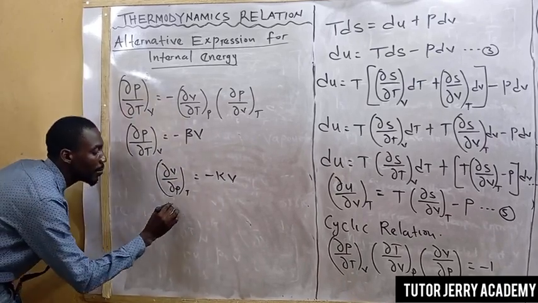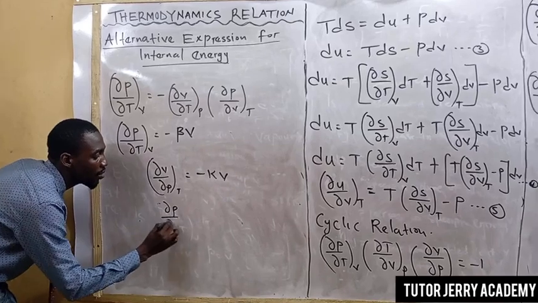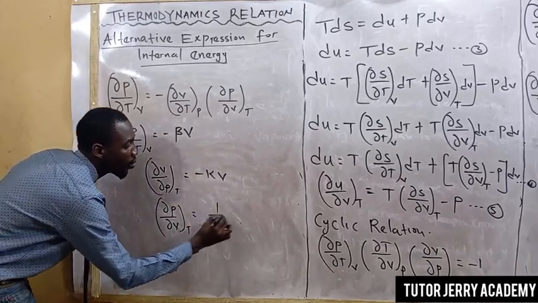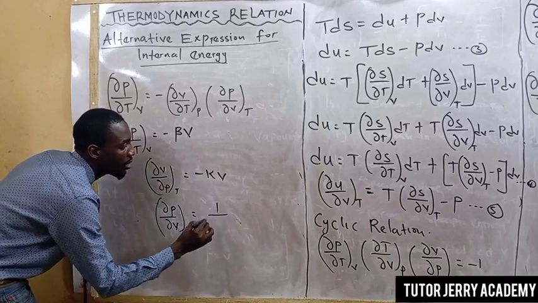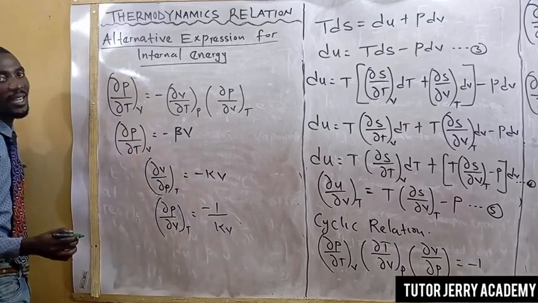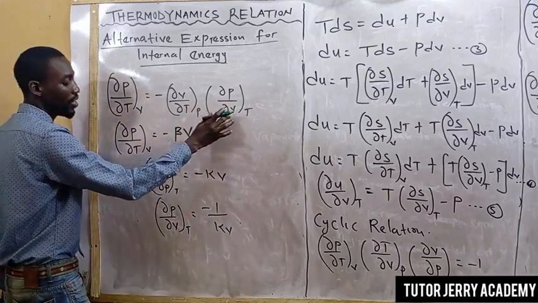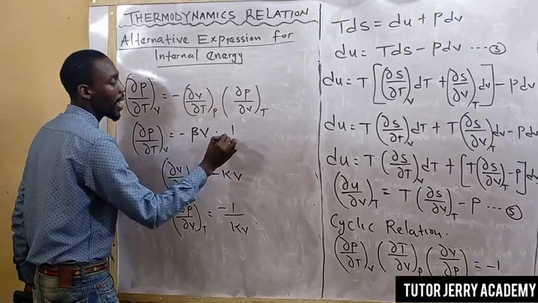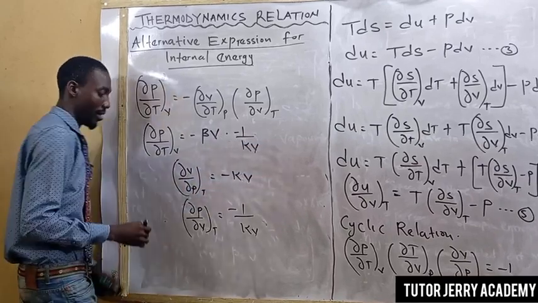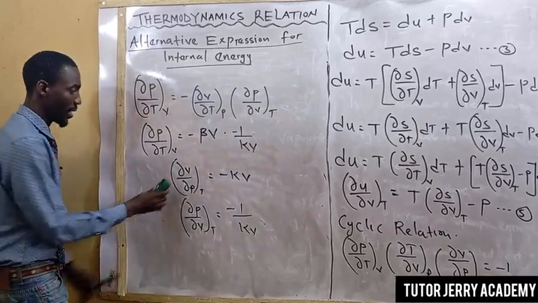So it shows that the partial derivative of p all over the partial derivative of v, keeping t constant, will be equal to 1 all over, we can say, minus 1 all over k v. Hope you get that. So we can replace what is here with multiply by 1 all over minus k v. All right. So I clean this part.